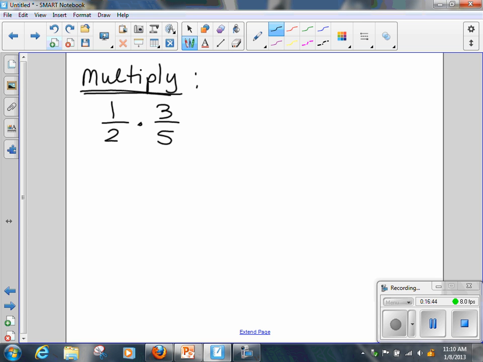Go back to what we know. Something easy. Multiplying 1/2 times 3/5. Do we cross multiply? No, we go straight across. Multiply straight across.